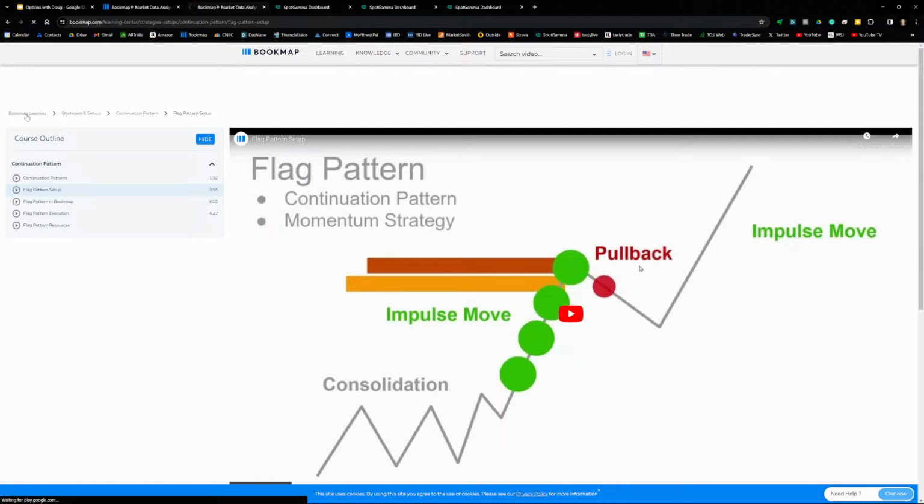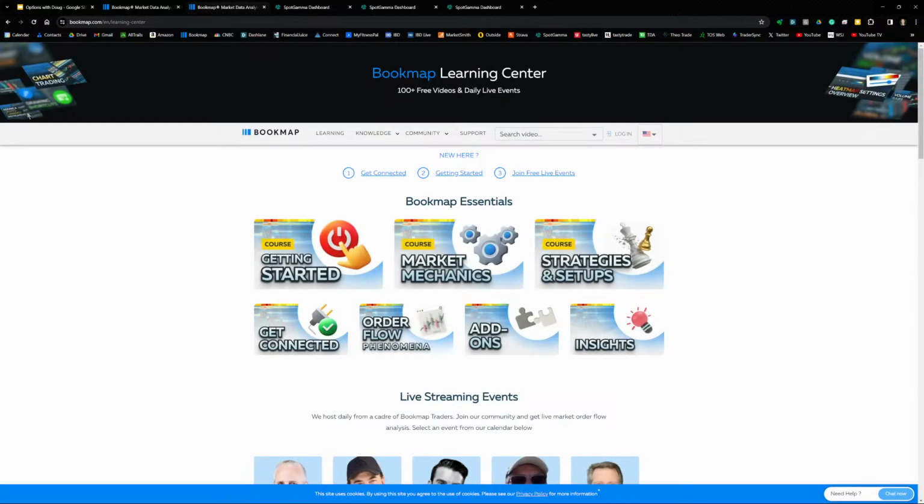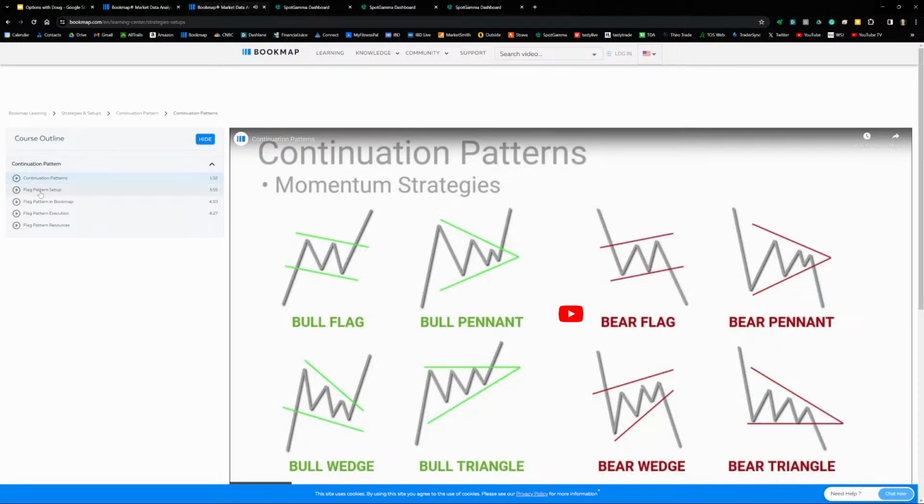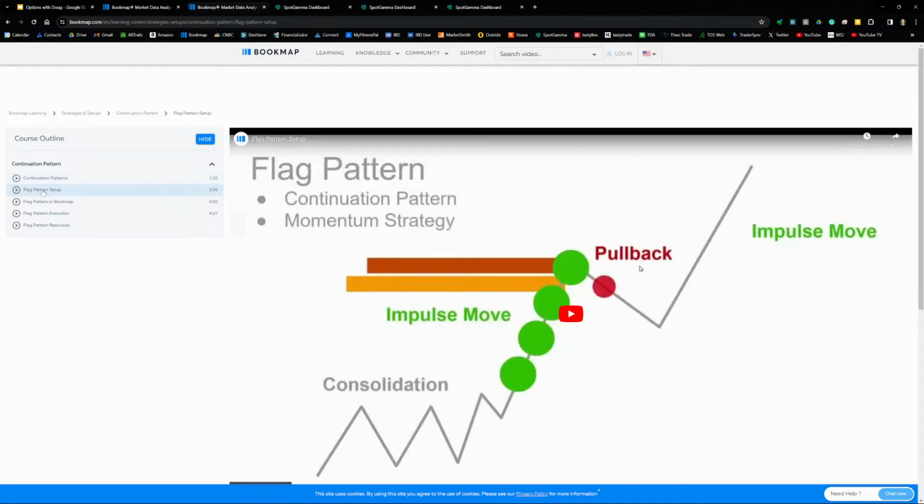This is the Bookmap Learning Center, free and available to everyone, multiple courses. This is the strategies and setups. So far, the continuation pattern is the only one in here. I know Bruce plans to add more, but here's the summary of the pattern.